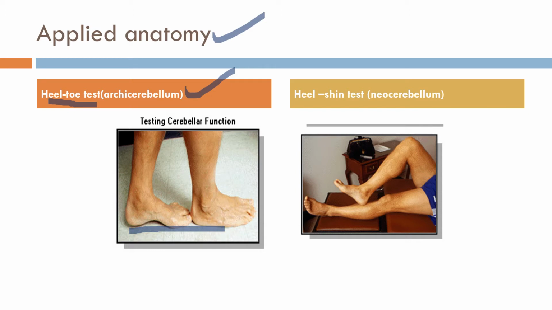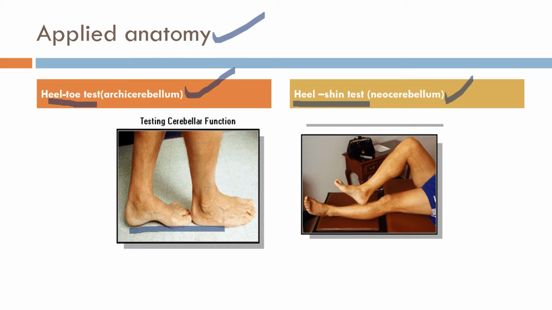If any patient comes to you and you suspect cerebellar dysfunction, one test is the heel toe test, which tests the archicerebellum, and another test is the heel shin test. You should ask the patient to move the heel over the shin. That is the heel shin test, which tests the neocerebellum.